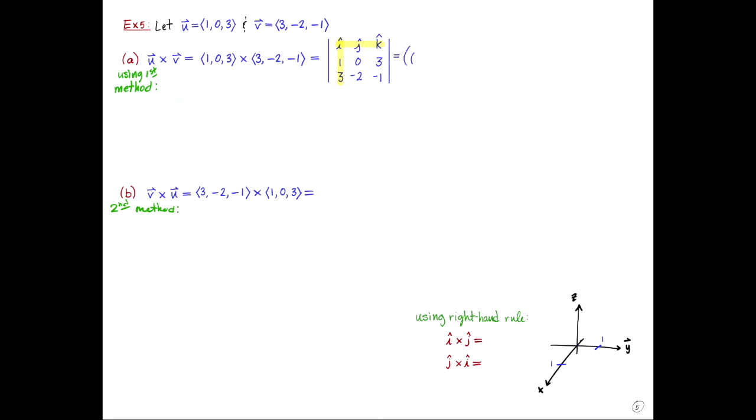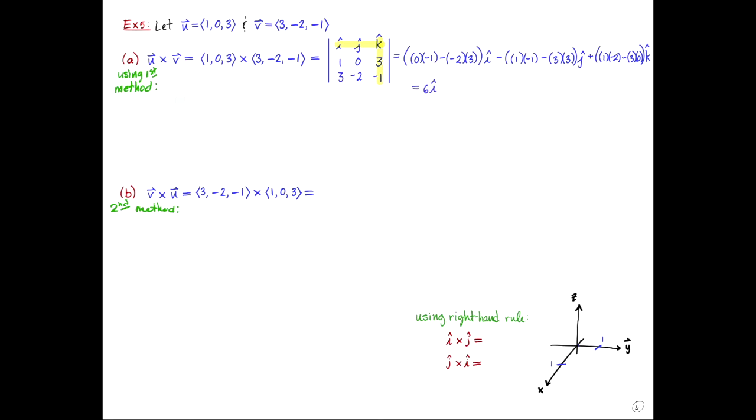We have 0 times negative 1 minus negative 2 times 3 times I, minus, looking at our J component, the product of our down diagonals is 1 times negative 1 minus the product of our up diagonals, 3 times 3, times our J component, plus, looking at our K component, we have 1 times negative 2 minus 3 times 0 times K.